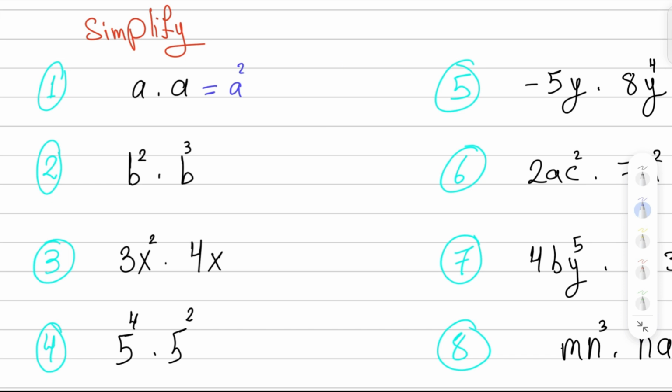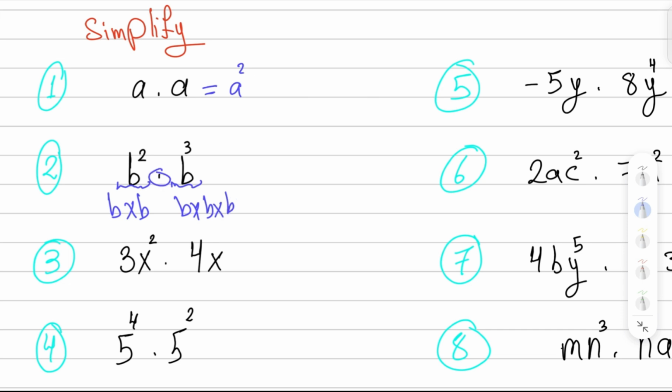Let's have another example. b squared times b cubed. To do this example, let's first convert to the expanded form. b squared in the expanded form is b times b, and b cubed in the expanded form is b times b times b.